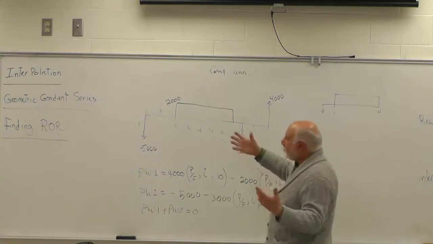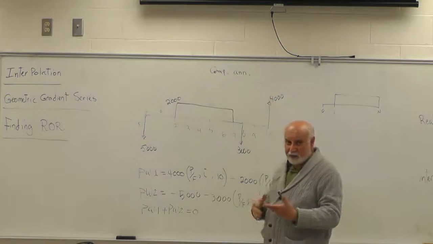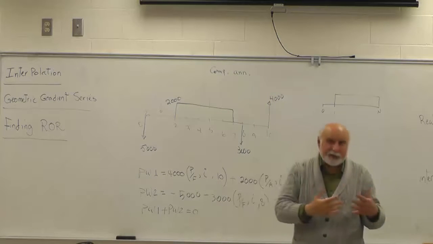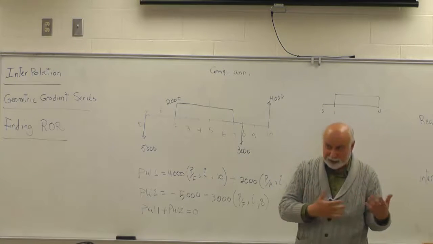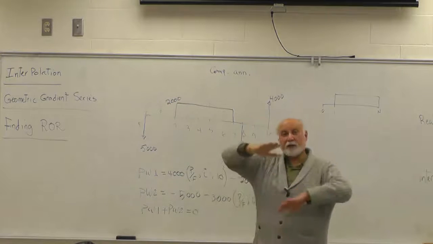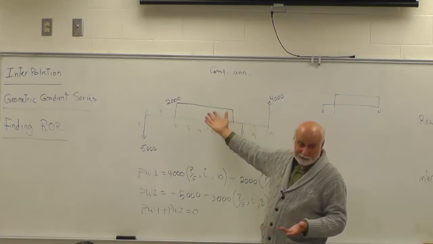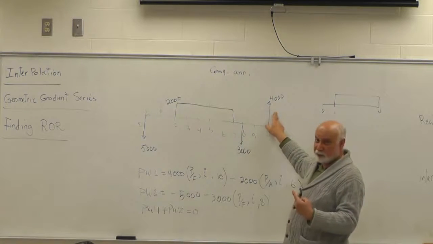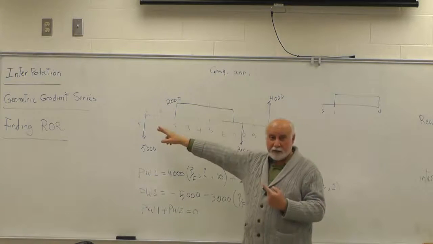So I have to make sure that these numbers at the top are going to be reduced. What is going to reduce them? Interest rate, when I bring them back to here. The higher the interest rate, the more reduction you will get. 4,000 here, when the interest rate is 1%, is a value here.